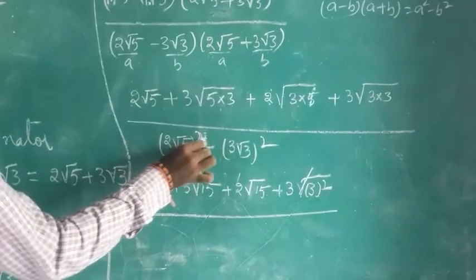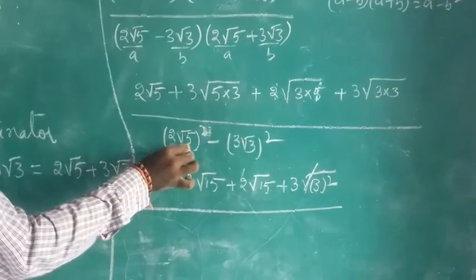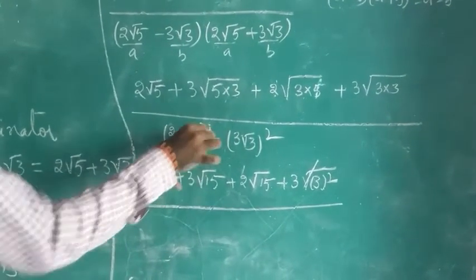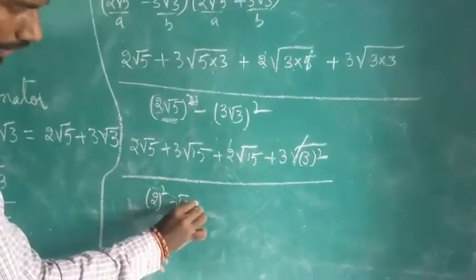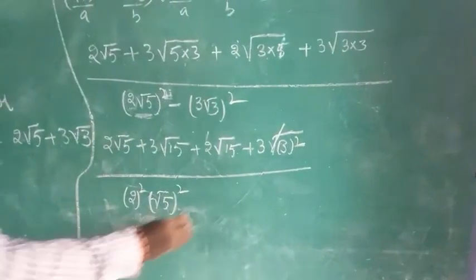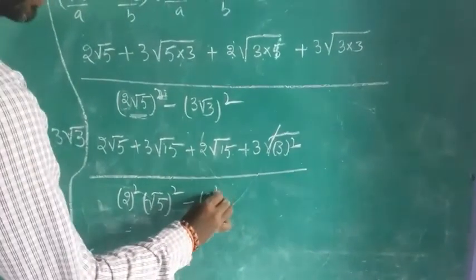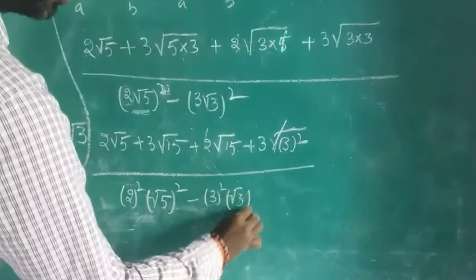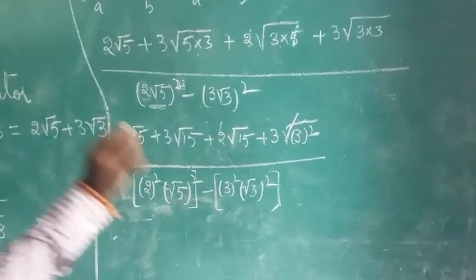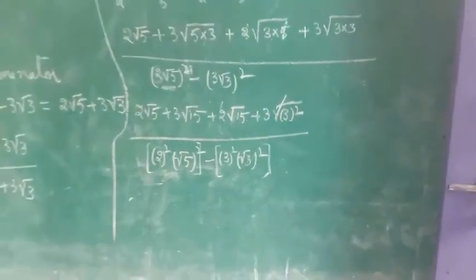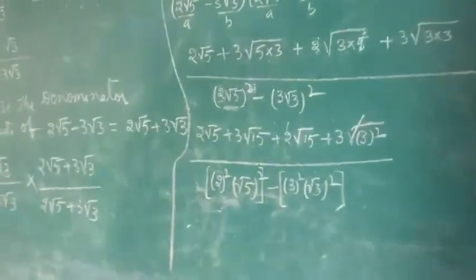This square should apply to this rational number 2 and this 5 also. So let me write 2 square and root 5 whole square minus 3 square and root 3 whole square. Let me put the big bracket separately. Right? Now observe it. Here is one thing that I would like to tell you.